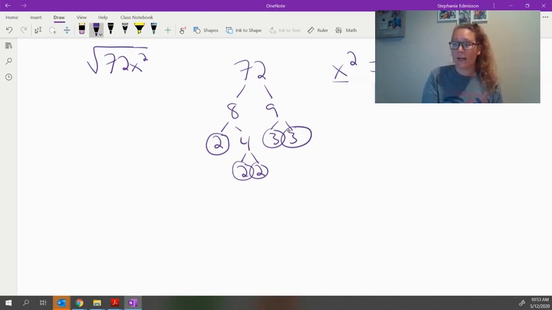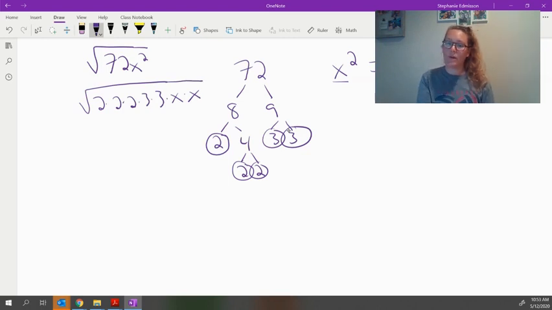So what I'm going to write now inside of my radical, my product of primes, is 2 times 2 times 2 times 3 times 3 times x times x. Okay? And this is a prime example of why we don't like to use the little x symbols as multiplying anymore in math, and instead we use the dot. Because if you were still using the x's for multiply, this would look very confusing.